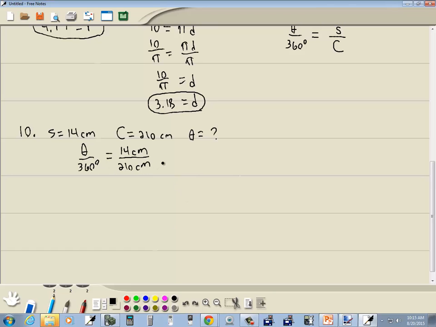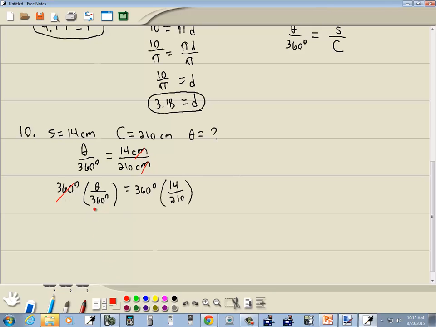Okay, well, the centimeter is going to cancel there. And I'm trying to get theta by itself, so I'm going to multiply both sides by 360 degrees. So take 360 degrees times theta over 360 degrees, and then 360 degrees times 14 over 210.